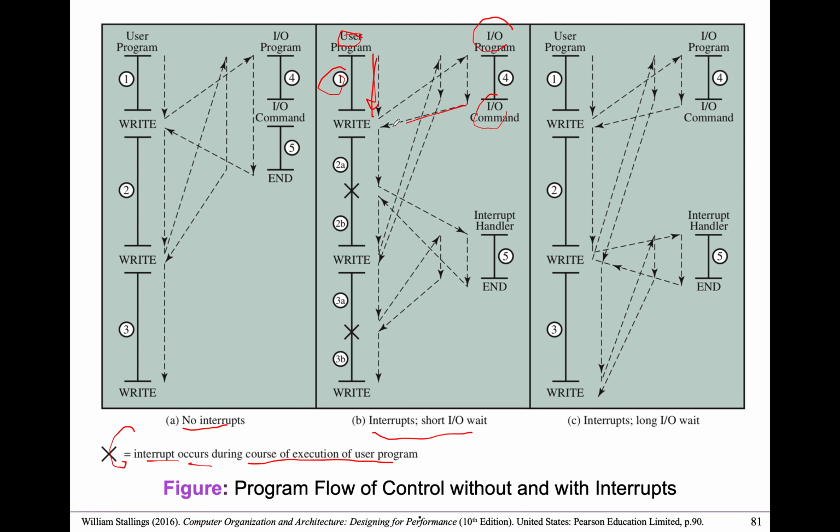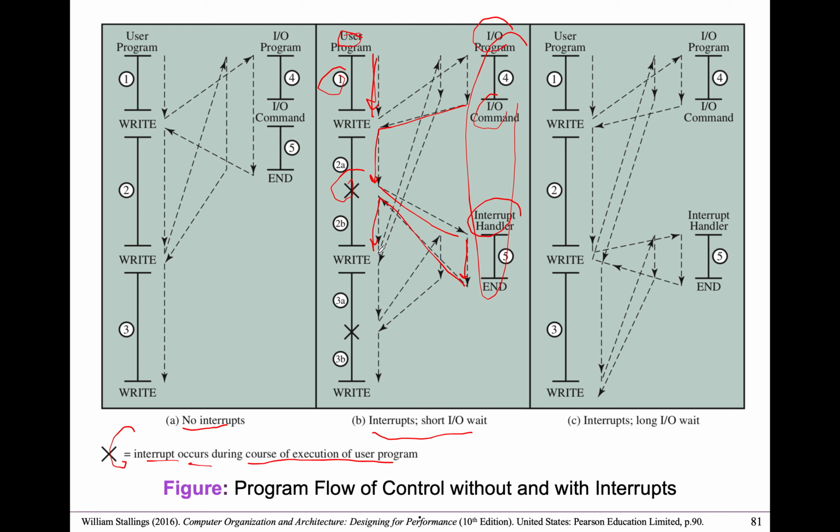So you're going to go to the interrupt because there is an interrupt. Then you need to handle the interrupt until you end the process. This is basically one of your process executions, and you go back to your user program.